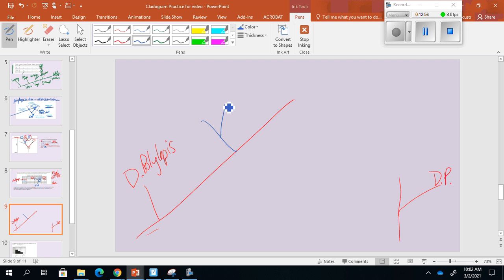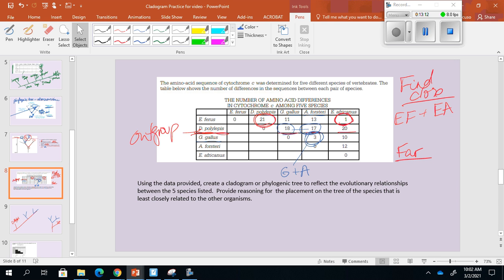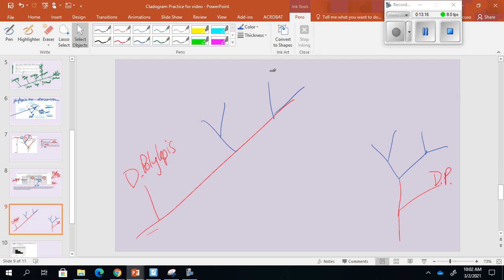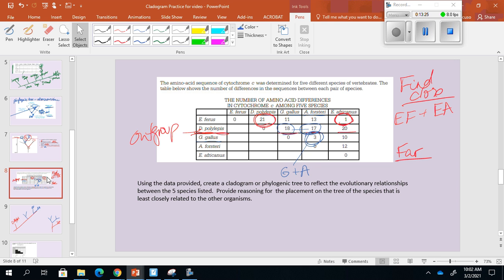I'm going to make these 2 be close, and I'm going to make these 2 be close to each other. If I was doing it as a phylogenetic tree, I would do like that and like that. All right, and so I've got to look up their names again. All right, so EF and EA. They were only 1 apart, so that's why I put them so close. And this was the G and the AF.